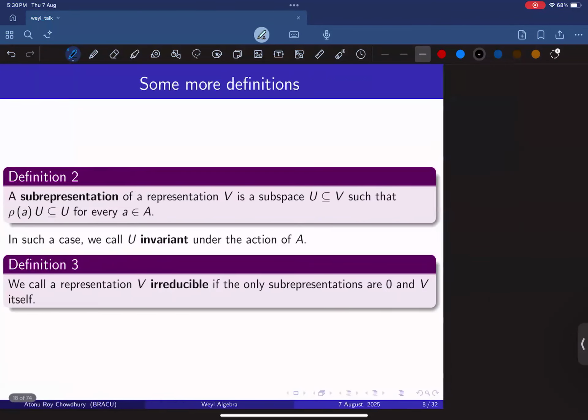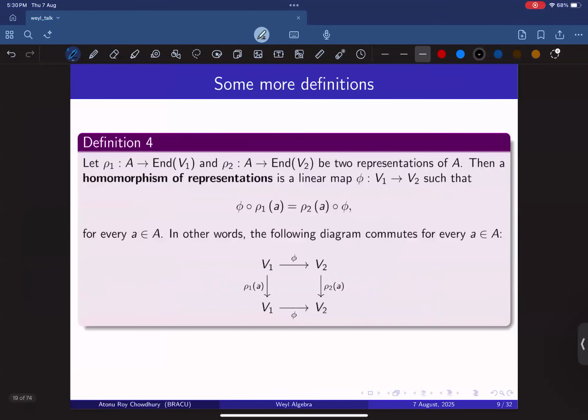All right. Now this is the definition of a homomorphism of representations. Suppose we have an algebra A and two different representations of the algebra, meaning we have two vector spaces V1 and V2, on which the algebra A acts in some way.